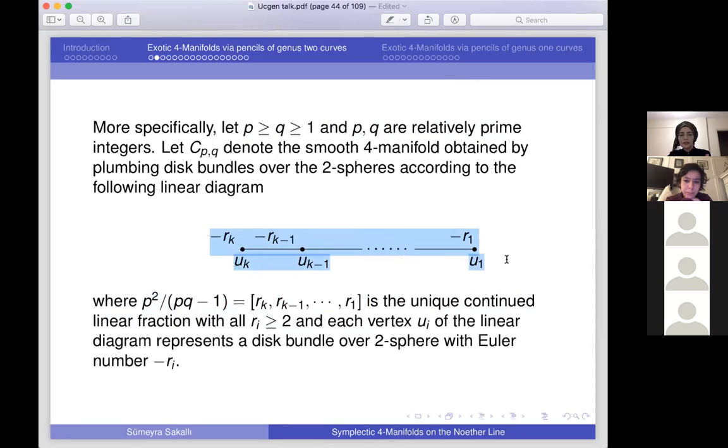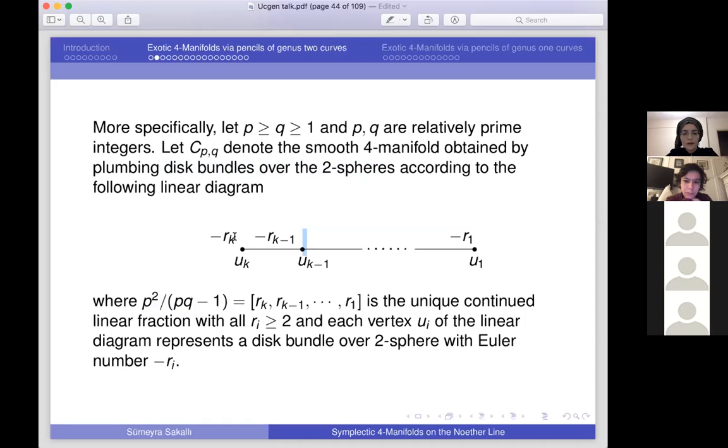And let me now explain this configuration or this plumbing diagram. Here, each dot is a bundle. It is a disk bundle over the 2-sphere. And this dot is the other one. And when there's an edge between them, it means that these 2 bundles are plumbed together. It is a fiber to base identification.